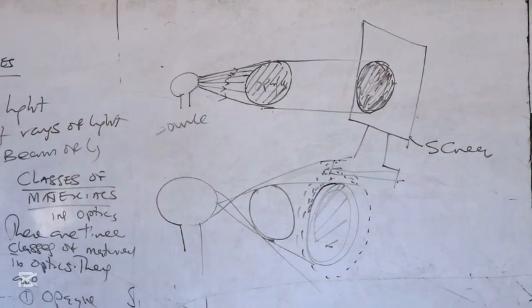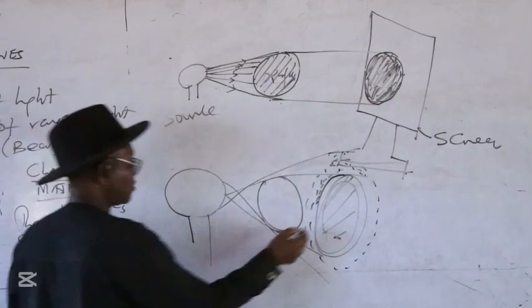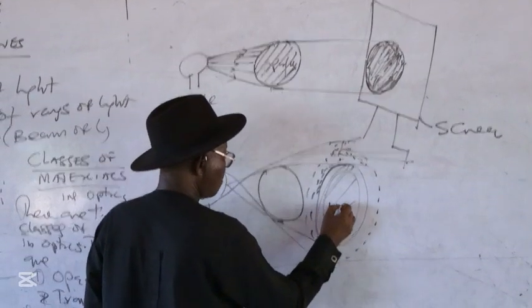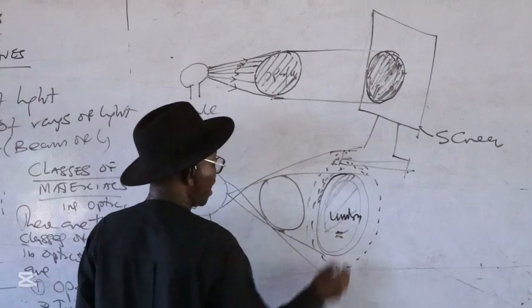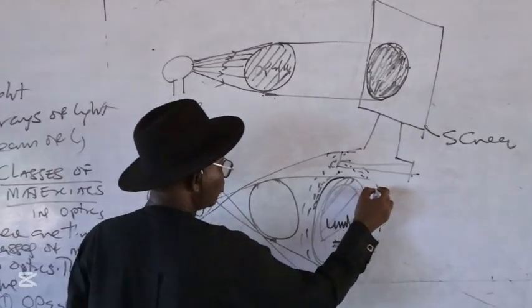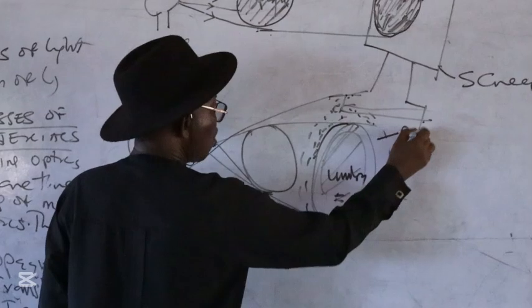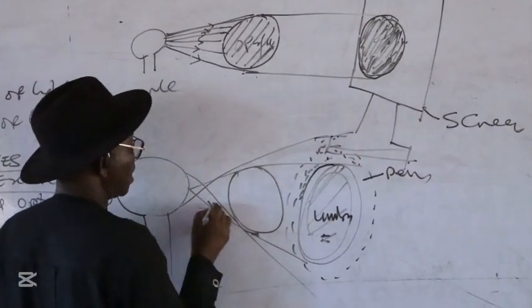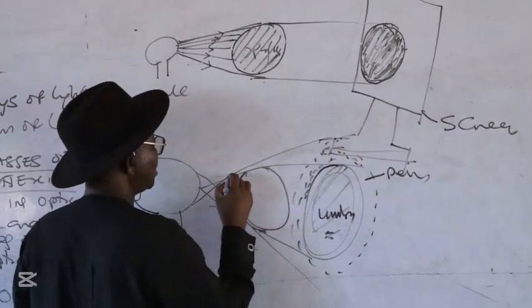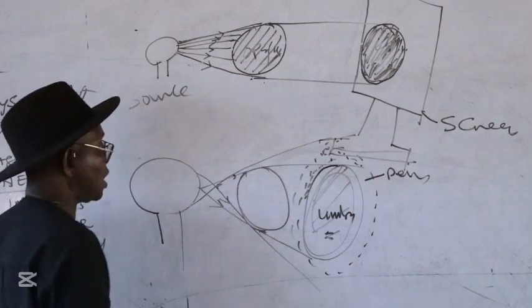So where we have total darkness here, we call that umbra. Then where we have little rays of light reaching, penumbra. And you put an arrow like this, like this, like this. With the aid of a ruler, you can indicate that.